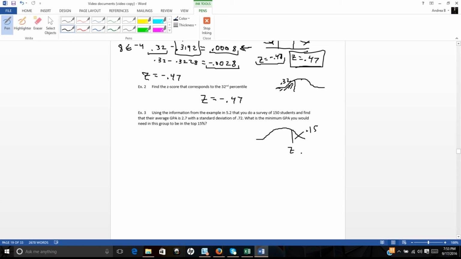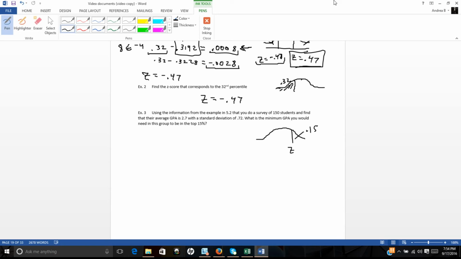So once again, we can look up in our table, see which value is closest to 0.15 first of all. So that'll be on the negative side of the chart here. So we have 0.15 that we're looking for, or whatever is closest to it. Once again, if you're not sure which one is closest, you're going to want to go through and subtract it from the 0.15, see which one gives you an answer that's closest to 0.